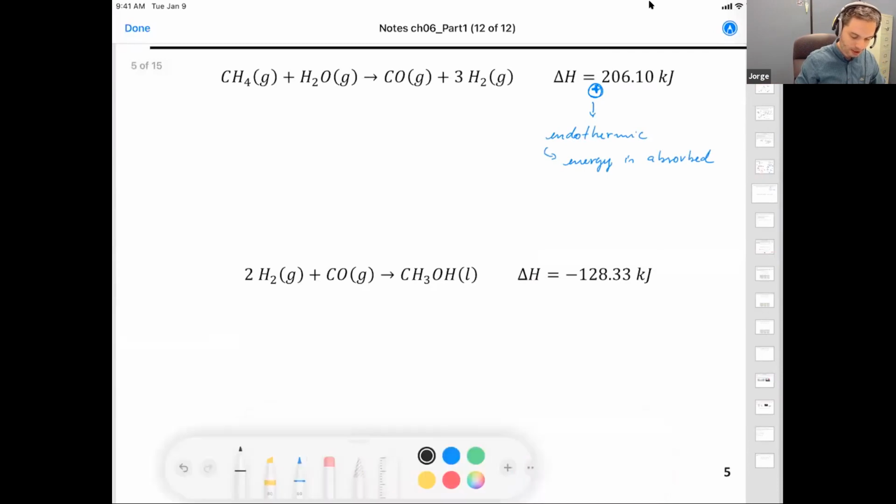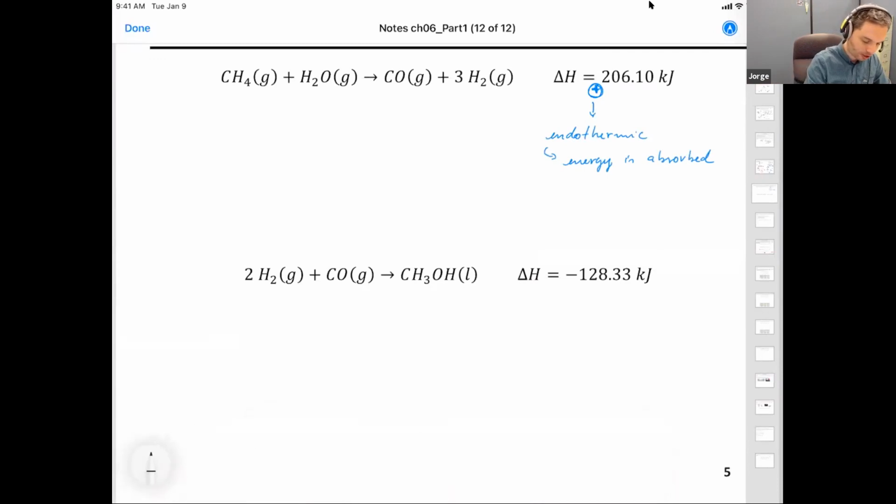With that being said, now let's draw the energy diagram. Again, the energy diagram is going to be represented by the y-axis labeled as energy. For now, it doesn't matter the values. We just need to know if reagents are below or above the products.